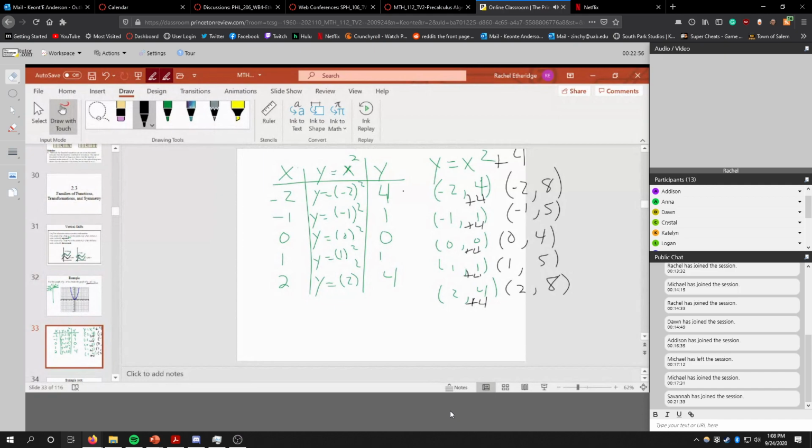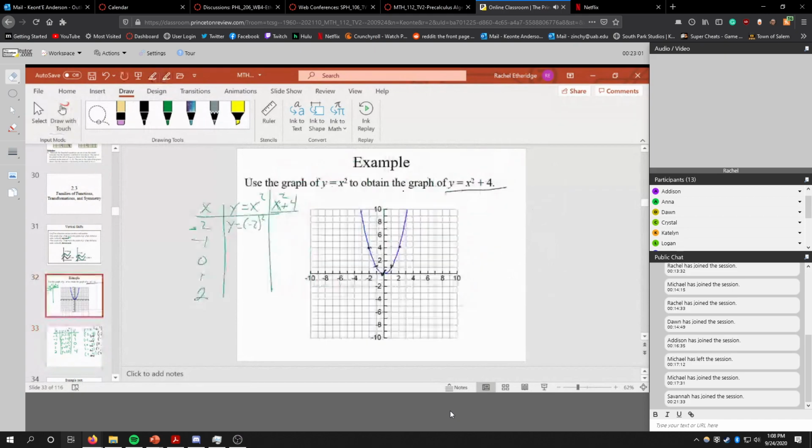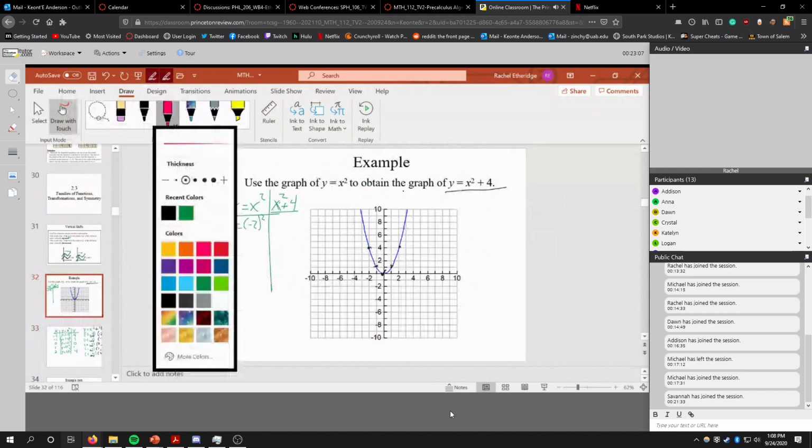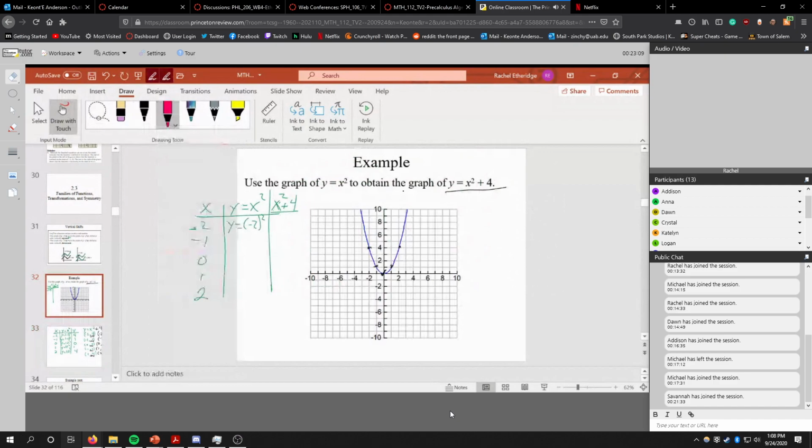Now, why did I go through all that? I already had the picture here, and I could have just shown you that all you have to do at this point is just go up 4 and plot all your points again. So all of your points are just going to shift up by 4.